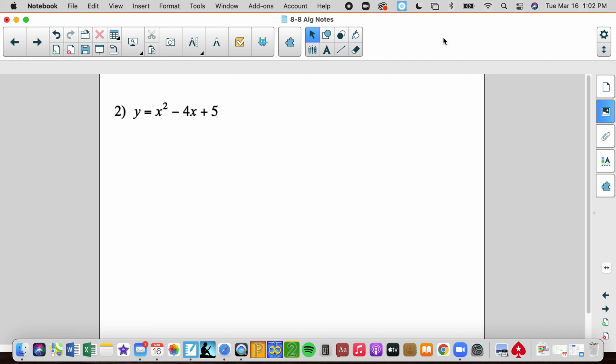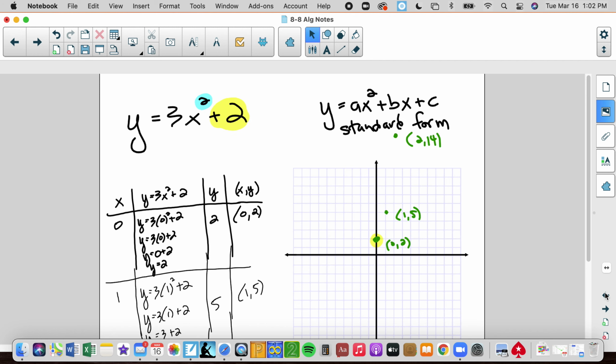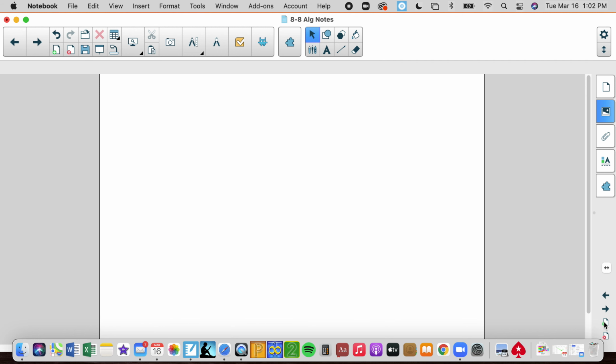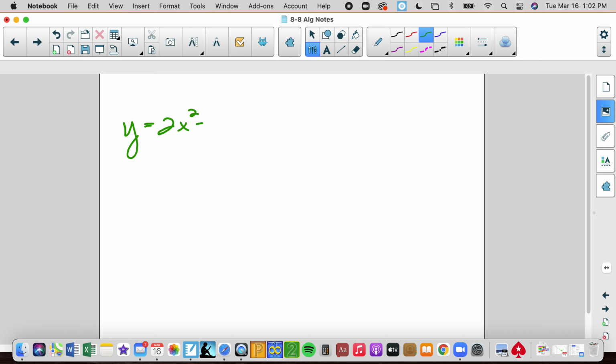So let's take this. We talked about, actually before that, we talked about it being in standard form. So if I give you the equation y equals 2x squared minus 3x plus 7, remember that it's in this template form.